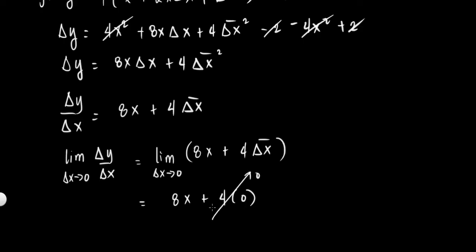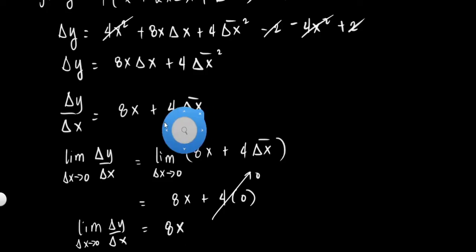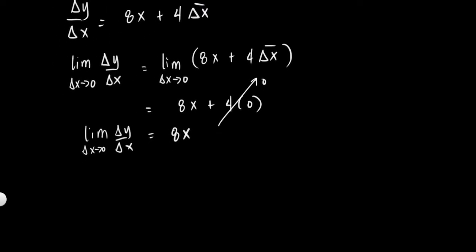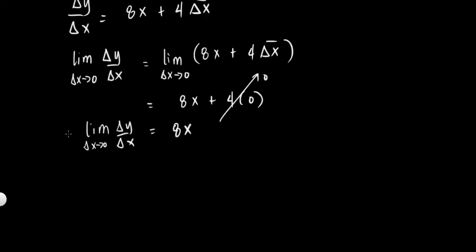This is 0. So the limit of delta y over delta x as delta x approaches 0 is equal to 8x. So the derivative of y with respect to x is 8x. So this is your final answer. Okay.